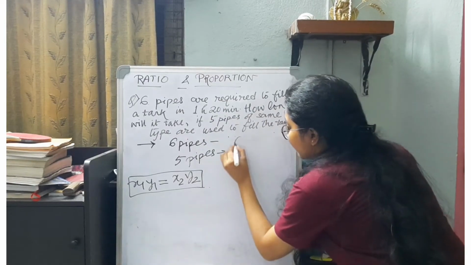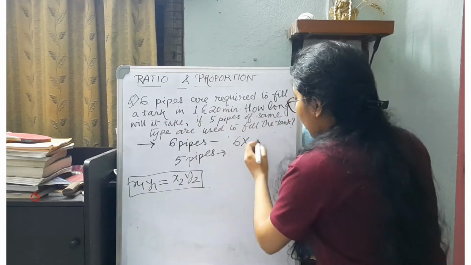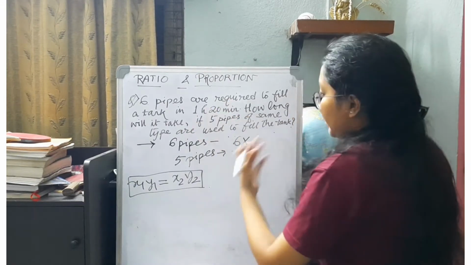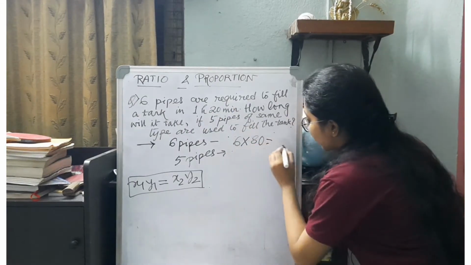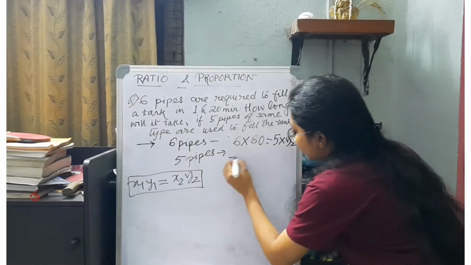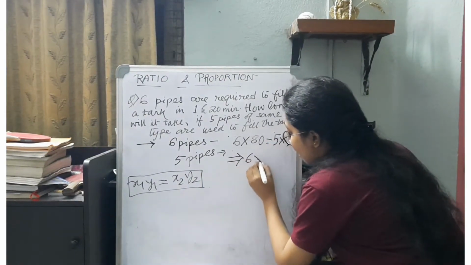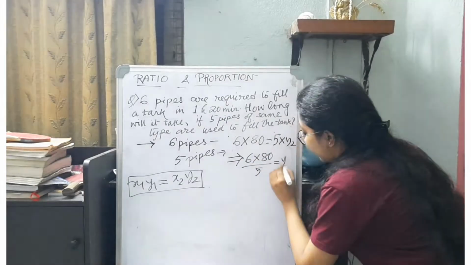So x1 is 6 into time taken, 1 hour 20 minutes. If we consider the data in minutes, it is nothing but 80 minutes, which is equal to x2, which is 5 into y2. So the question is pretty easy. 6 into 80 by 5 is equal to y2.